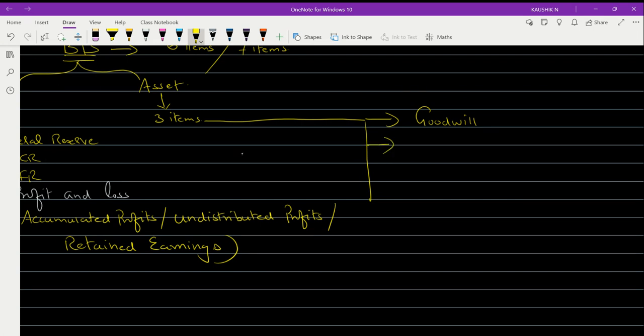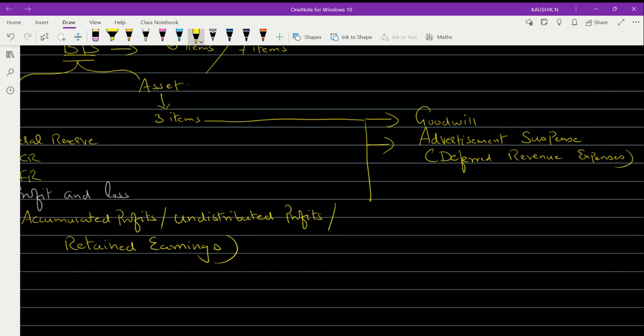The second item is advertisement suspense, which is nothing but deferred revenue expenses.